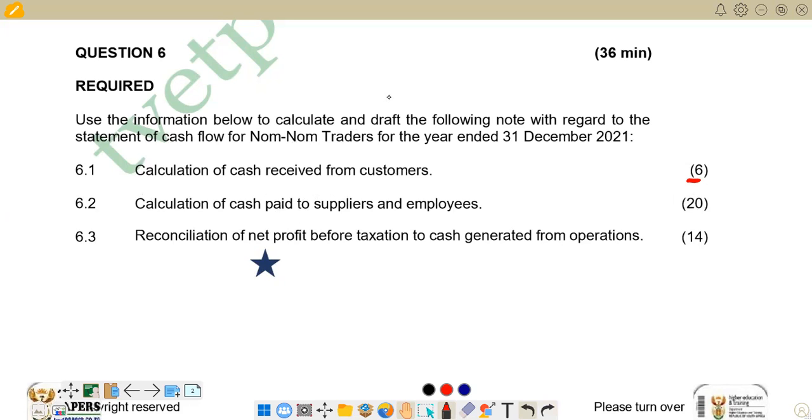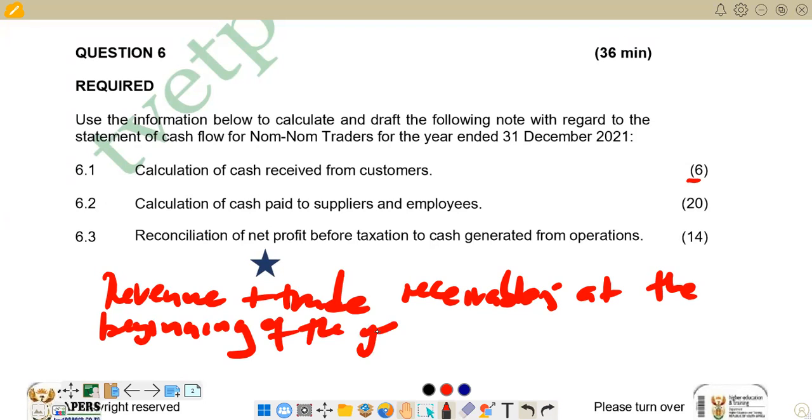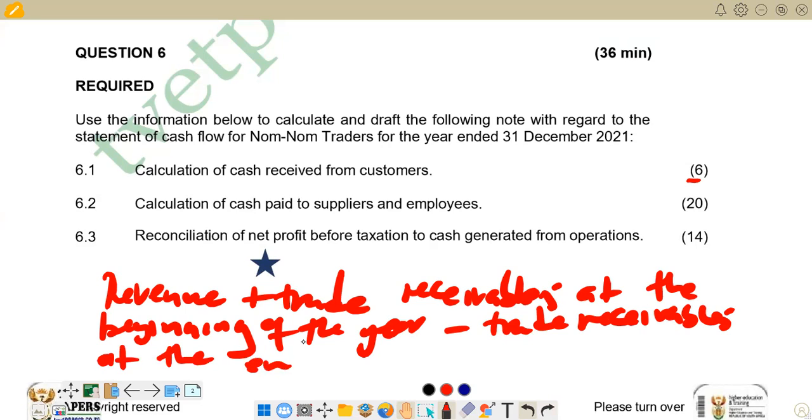Basically, the formula that we are going to employ is revenue, we add trade receivables at the beginning of the year, and then after that, we subtract trade receivables at the end of the year.